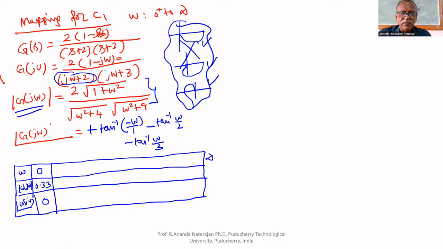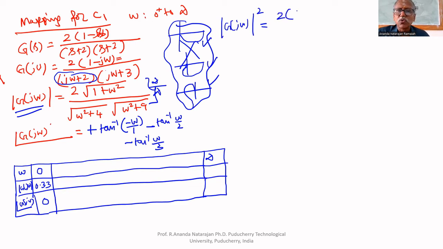When omega equal to infinity, what is the angle and magnitude? If you substitute omega equal to infinity, as he said, infinity by infinity, undefined. But what is modulus of G of j omega square?